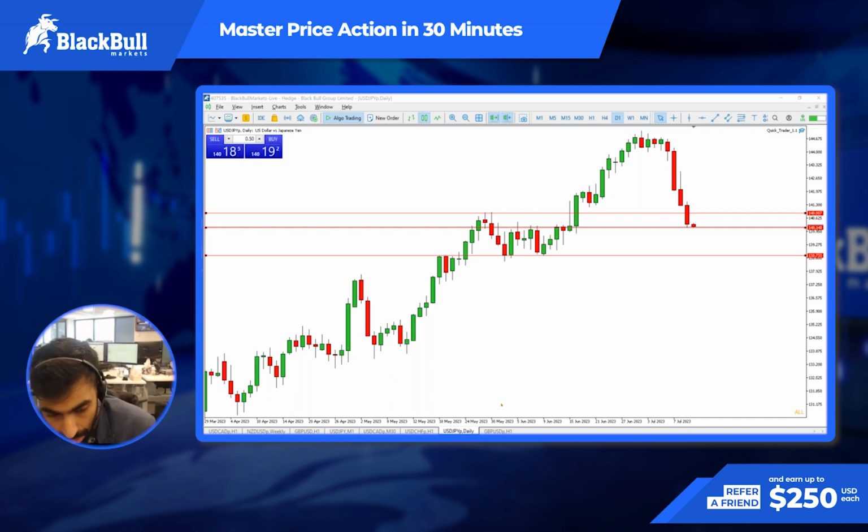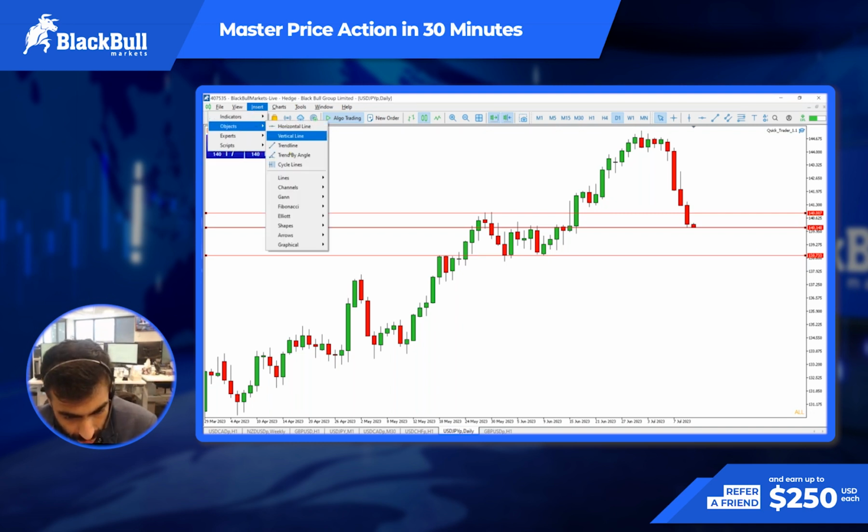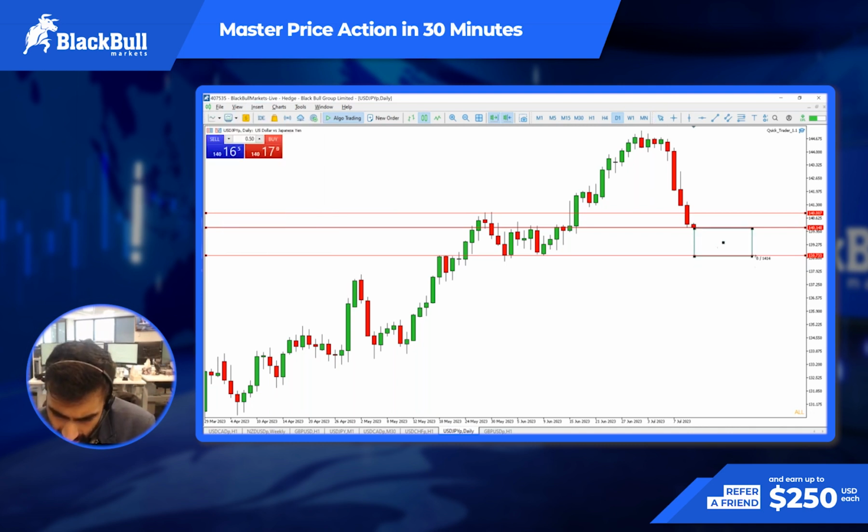So that's an opportunity. Another one, if you get a break below this 140.14, you're looking at operating in this range here between 140 and 138.73. The reason why we've drawn that is because that's the baseline of that support area here. So we just again identify this rectangular shape.